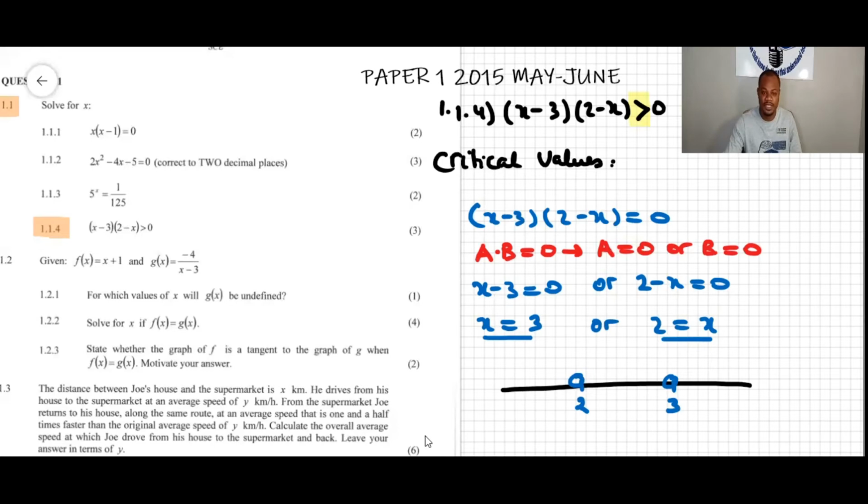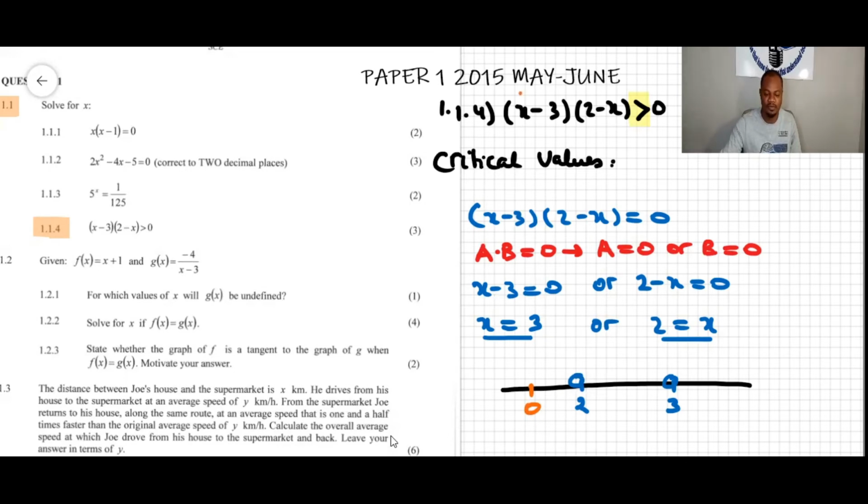Now we need to find the sign of the inequality in each interval. Let's check the sign in this first interval. I'm going to pick any number from negative infinity to 2, and I prefer to check 0. So I'm going to sub in 0 for x.